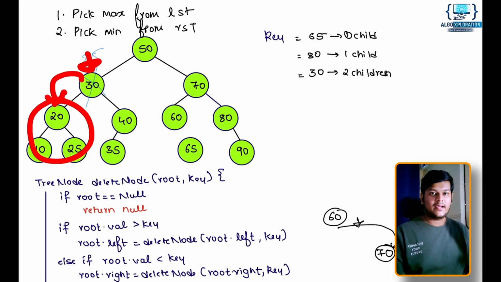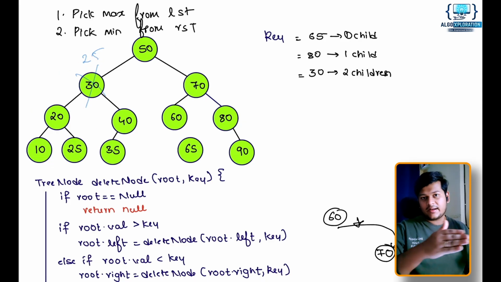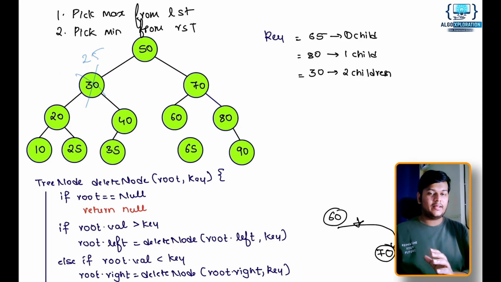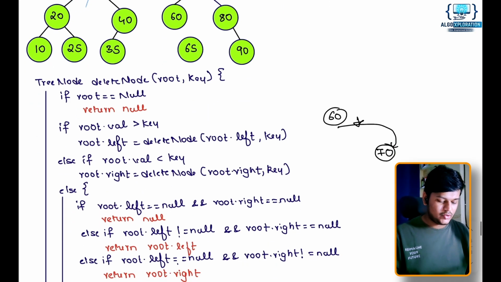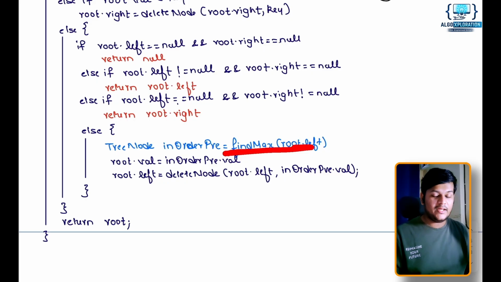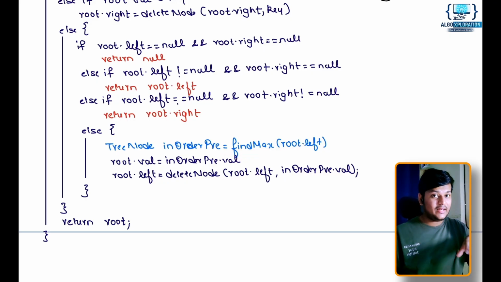Over here I need to find the max, so I just need to iterate on the right hand side all the time till the node doesn't have any right child. So this function will give me the address of the max element from the left hand side.